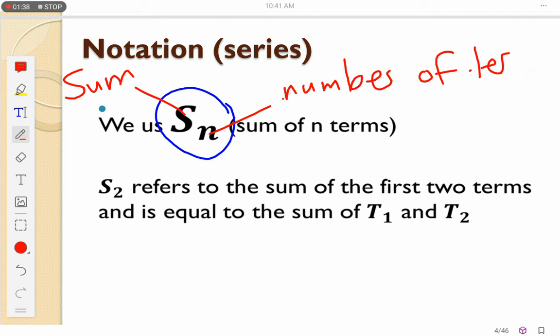So an example here, I have S2. When we have S2, summation of two terms, it means we can simply say it is the sum of T1 and T2. I'll further explain this later on using an example.